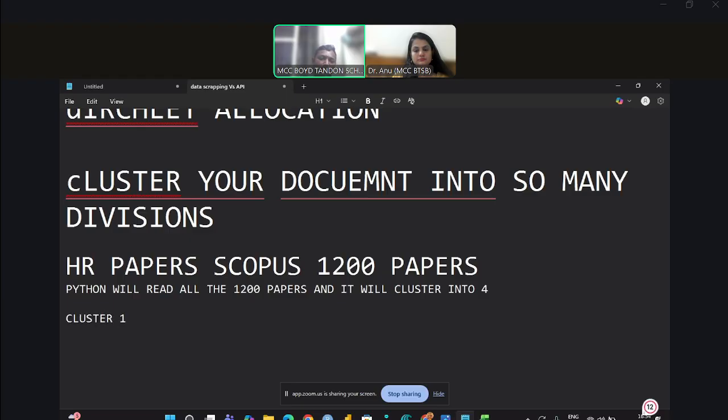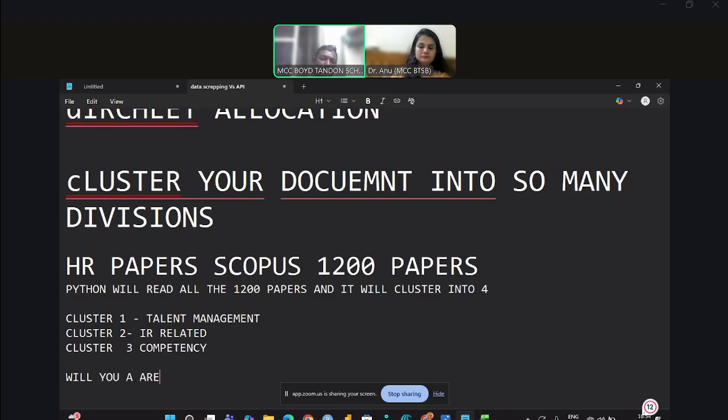Cluster one is talent management related papers. Cluster two is IR related papers. Cluster 3 is competency related papers. So likewise, it will classify them and give you a research gap. So this is called LDA analysis.